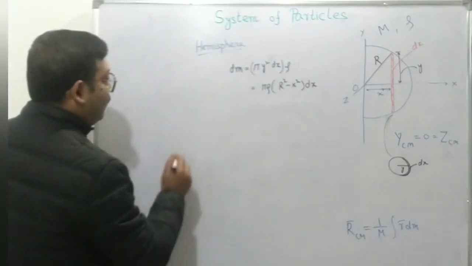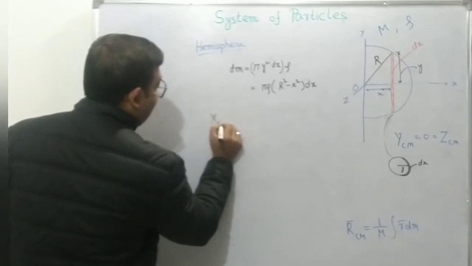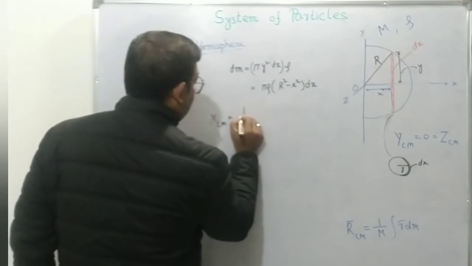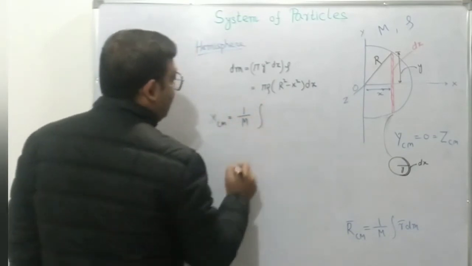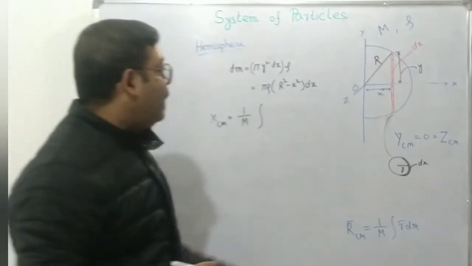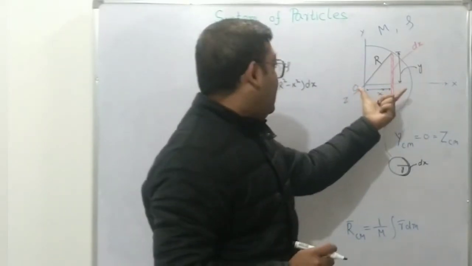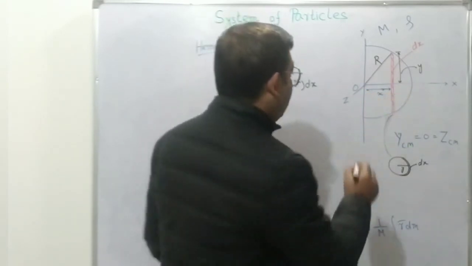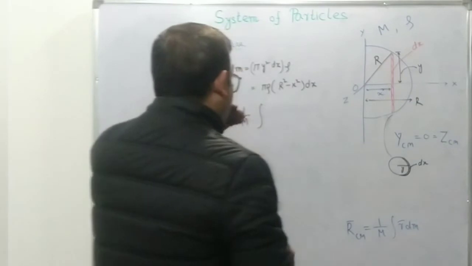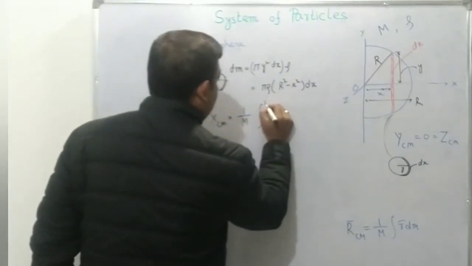So we are now able to find the expression for dm in terms of x only. Now if we have to find the center of mass or x coordinate of the center of mass, what we'll have to do, we'll have to take 1 by m and then integrate it over the entire x variation, that is from 0 to this end. This end will be at a distance equal to the radius of the hemisphere. So we'll have to integrate it from 0 to r.